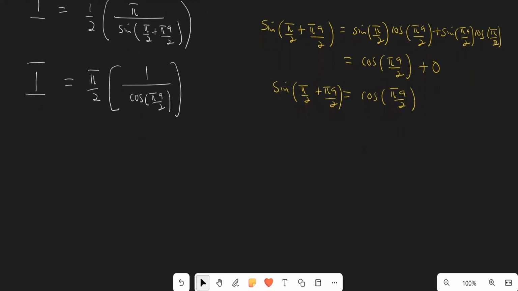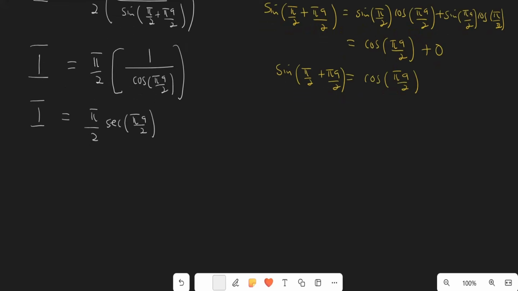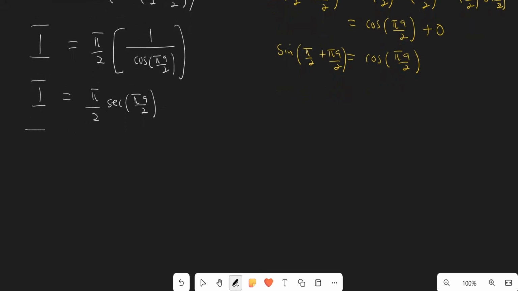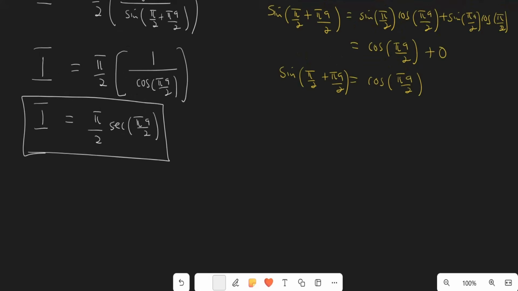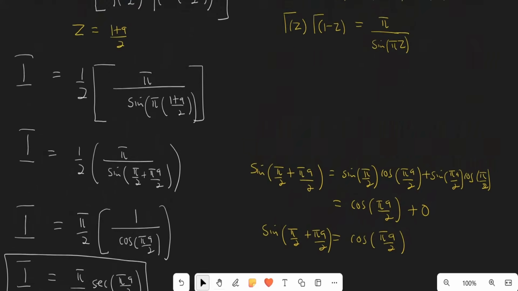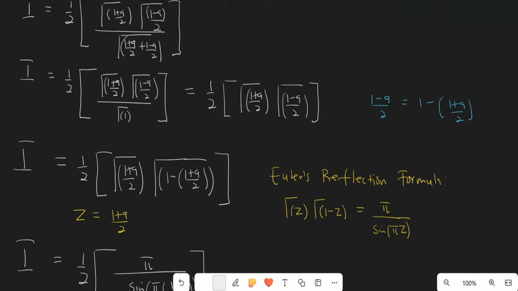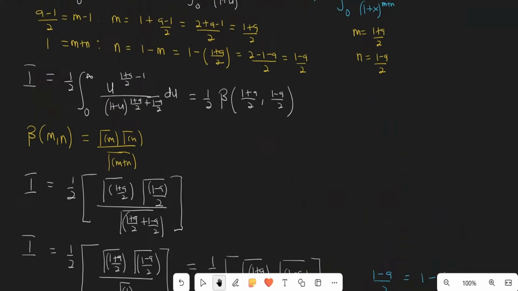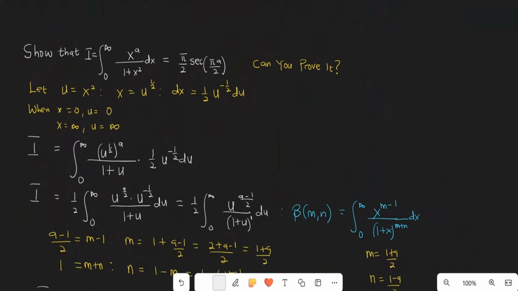And in the end, if 1 over cosine is a secant, then 1 over cosine of pi a over 2 is the secant of pi a over 2. So this is the proof that we are asked to find. I is evaluating to pi over 2 times secant of pi a over 2, by courtesy of the beta function and Euler's reflection formula. So that is how I solved this integral.